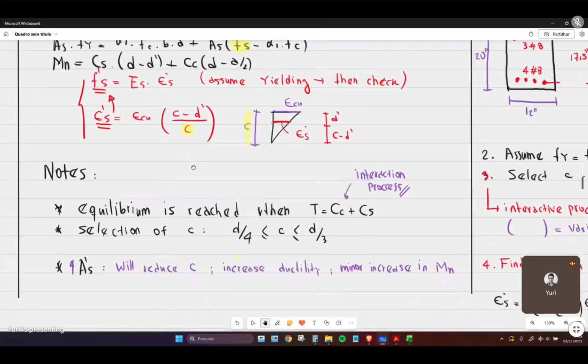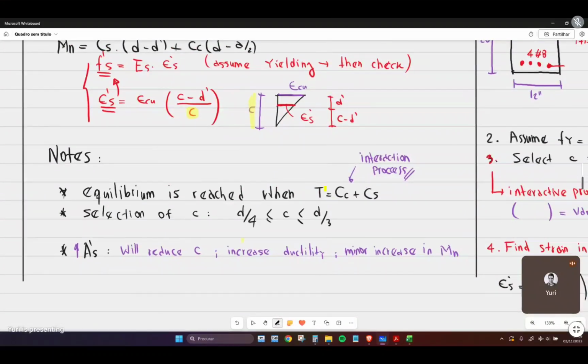Here are some notes that I made for you guys. The equilibrium is reached whenever the T force, the force in the tension reinforcement, is equal to the forces in the compression zone of the concrete, plus the compressive force of the compressive steel. The selection of c is usually between d over 4 or d over 3, but this is not always true.